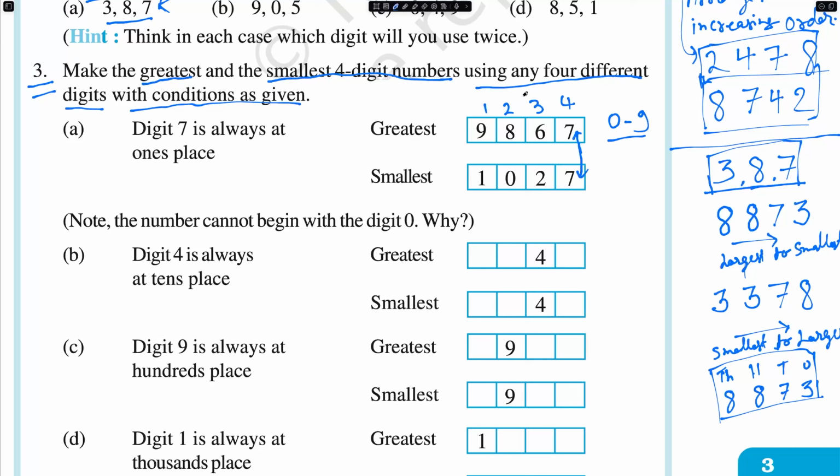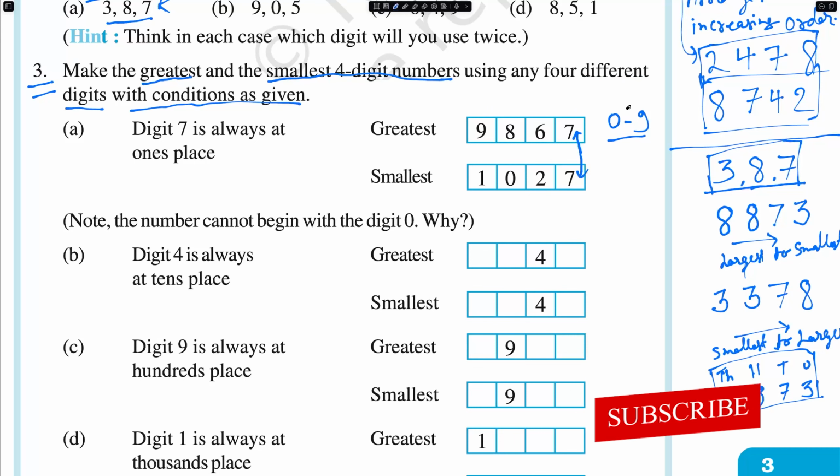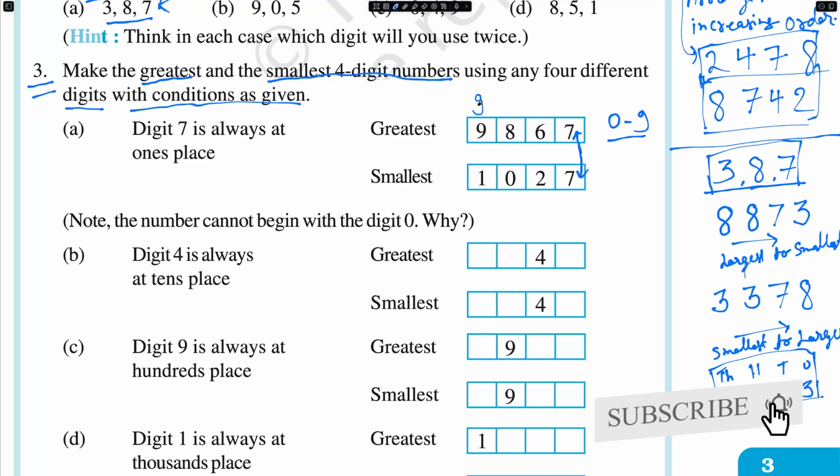So in order to make the biggest number, just the way we did in the past, we need to arrange the digits from largest to smallest. From 0 to 9, we know 9 is the largest digit, so we will place 9 here. We also need to use only unique digits, so we cannot place 9 again. Then we will place the biggest digit after 9, which is 8.